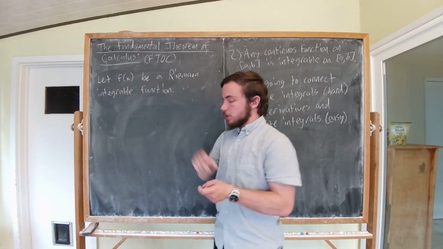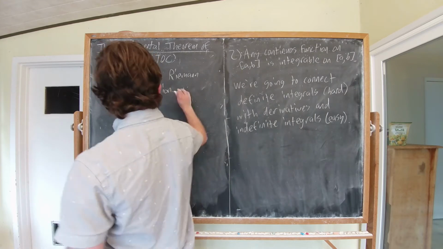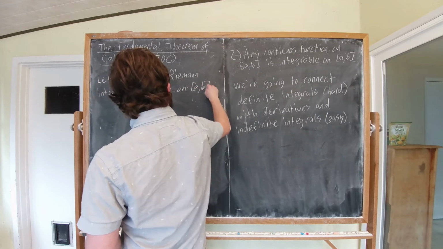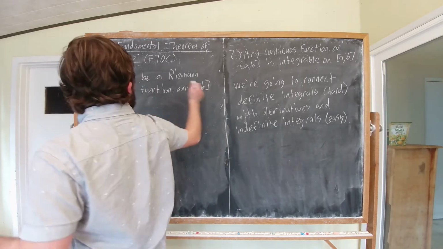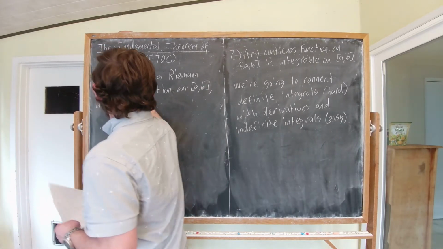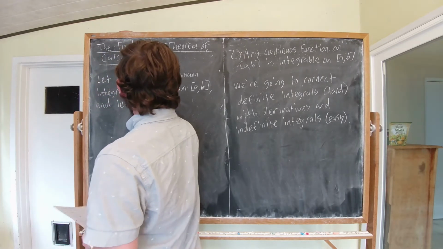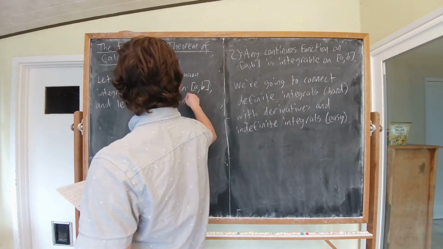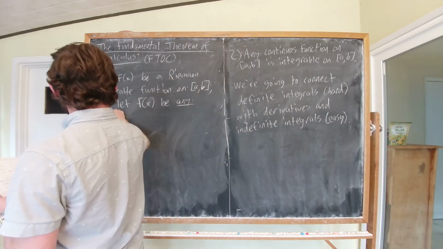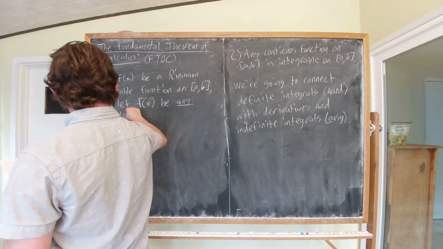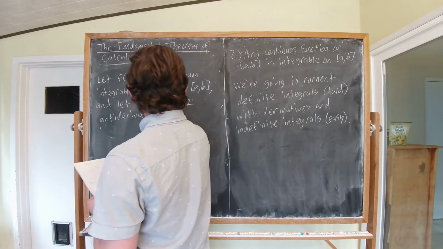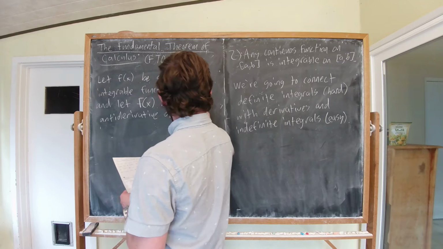Anyways, anytime you have a Riemann integrable function on your interval a to b, we're going to let capital F of x be any antiderivative of little f of x.